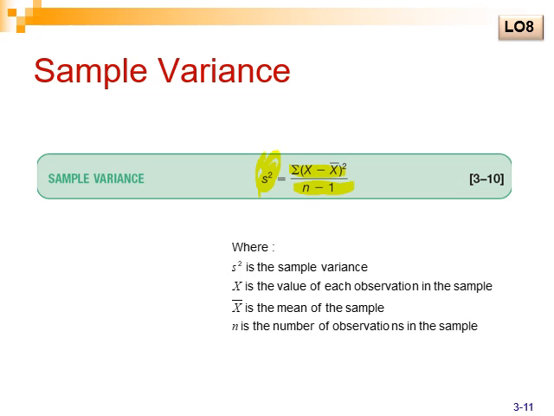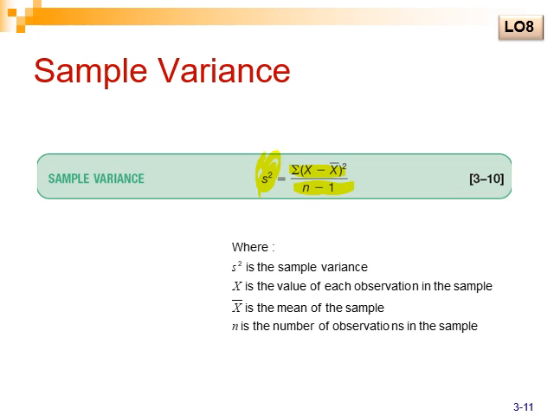Note that S squared is the sample variance, not the population variance. The rule now differs; the difference is only in the denominator. The calculation will take the same steps, but here we will divide by n minus 1, which is the sample size, or the number of observations in the sample, minus 1.